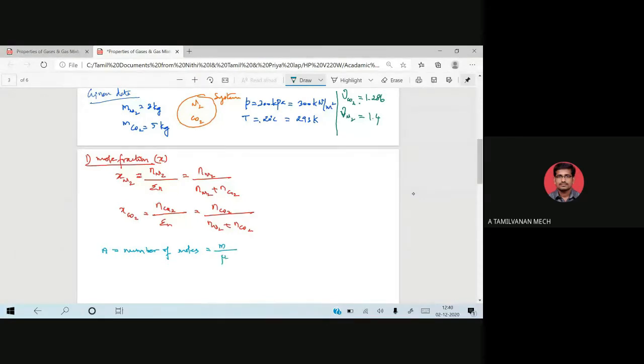It can be written as mass divided by mu, or in some cases as m divided by uppercase M. Here you first find the number of moles of N2. How do you find N of N2? The mass of N2, from the problem, is 3 kg. Then what is the molecular weight of nitrogen?